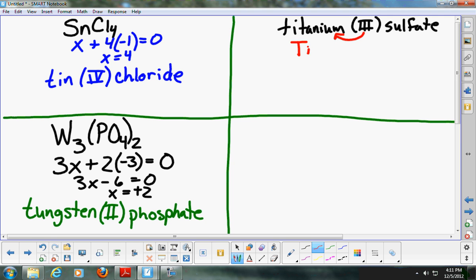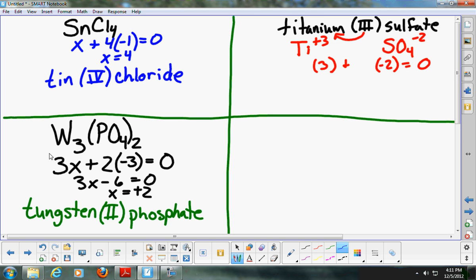Titanium has a +3 charge. Sulfate is something we can get from the back of our periodic table, which is SO4, and it's a -2 charge. So you got to think again, what times 3 plus what times -2 is going to equal 0?